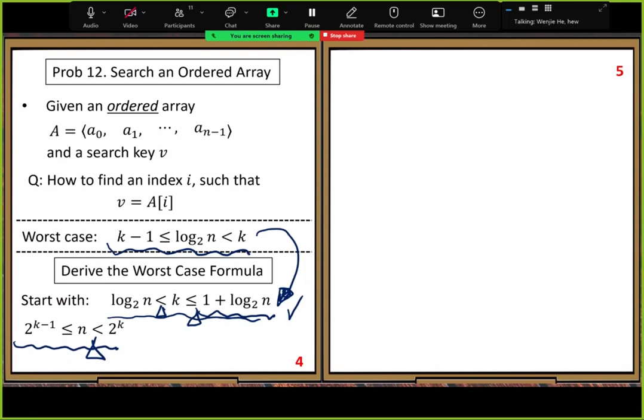And strictly less than 2 to the k. Can we tighten this inequality, improve it a little? The integer n and 2 to the k are both integers, but the second integer is strictly greater than the first.